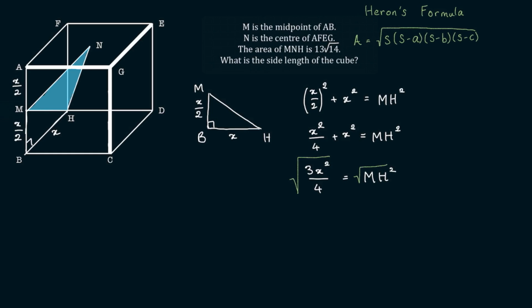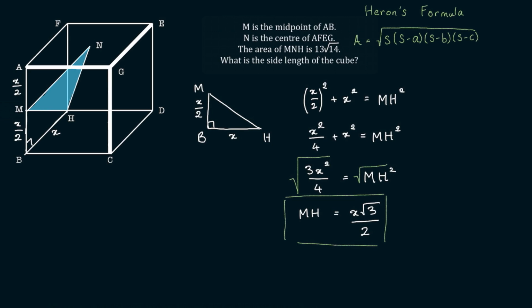Oops, that should be a square there. And we get that MH is equal to x times the square root of 3 over 2. And this is going to be useful. We will need this, because we're going to plug it back into Heron's formula.